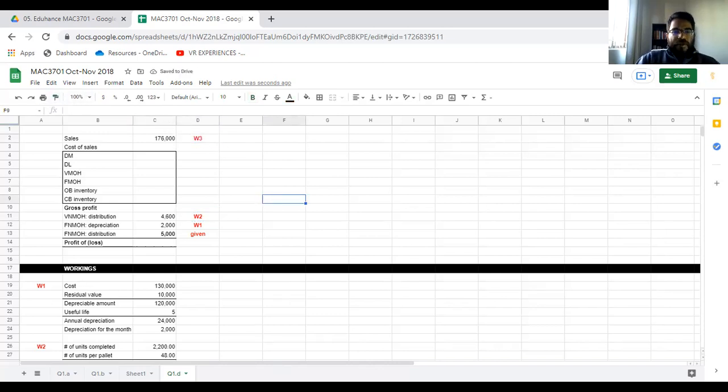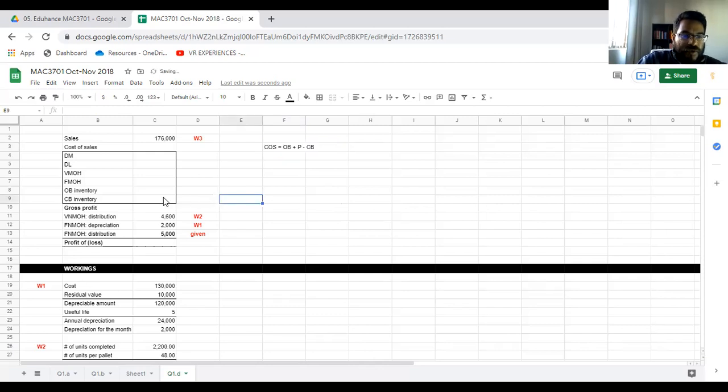Okay. Now we get into the important ones. So opening inventory. So remember, cost of sales, just so you can see the formula, equals opening inventory plus production minus closing inventory.